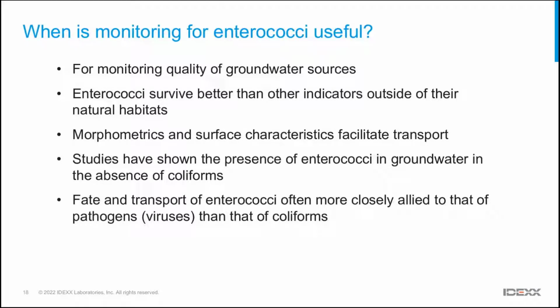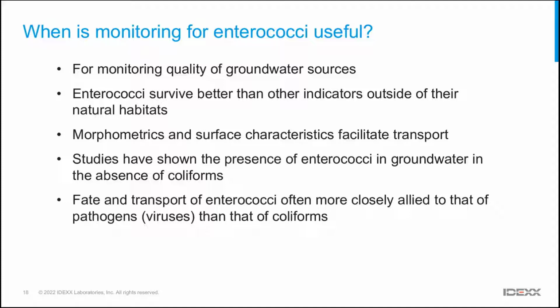So when is it useful to monitor for Enterococci? Well, certainly for groundwater sources. They survive better than other indicators outside of their natural habitats, and the morphometrics and surface characteristics of the Enterococci facilitate their fate and transport through soil.